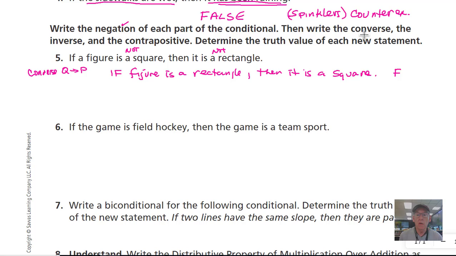Let's do the inverse. So the inverse, you leave the P and the Q where they're at, and you add nots. So change colors up. So if a figure is not a square, then it is not a rectangle.